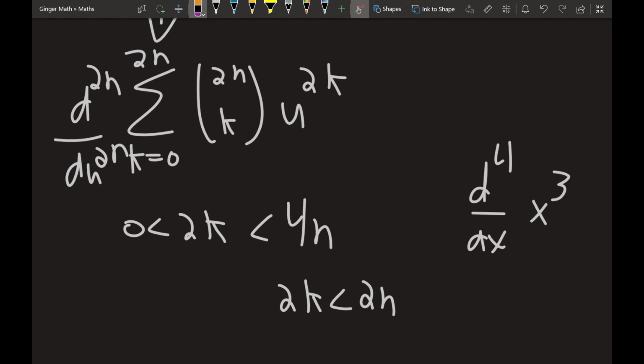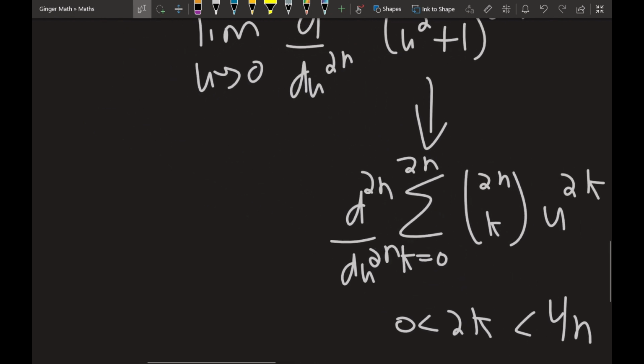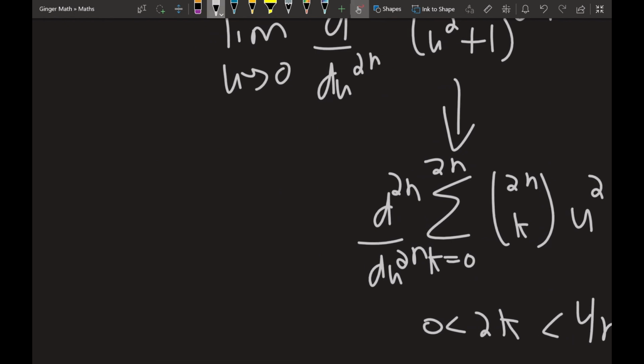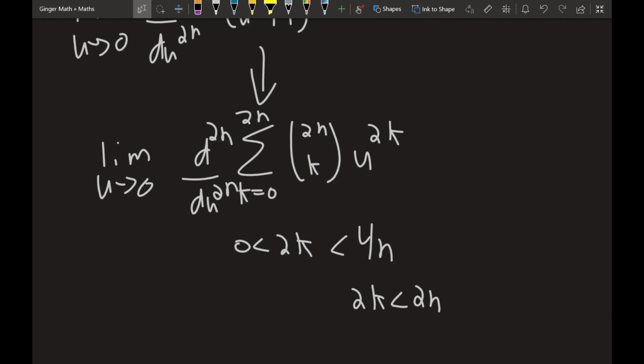Using that same logic, for 2k less than 2n, we just get 0. But one thing we have to remember is this limit right here: the limit as u goes to 0, meaning that any term that has a u in it is also going to 0.